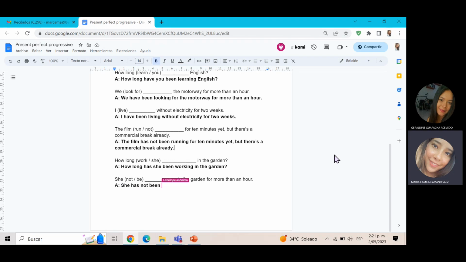What is the verb in this case? Remember, the verb in this case is be, okay? And we put the verb and then we add ing.